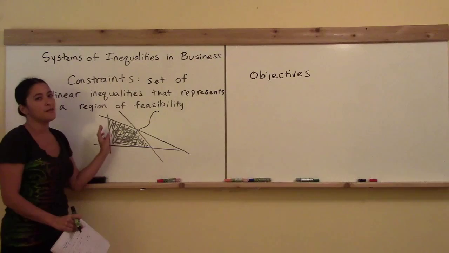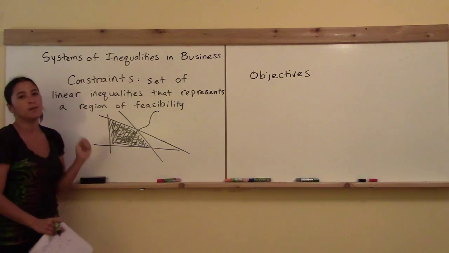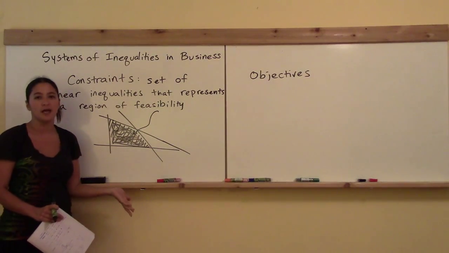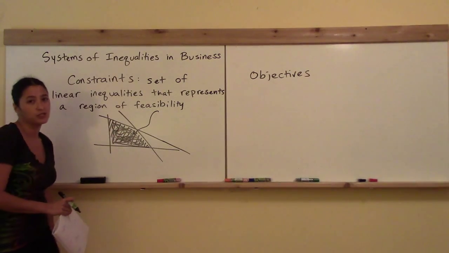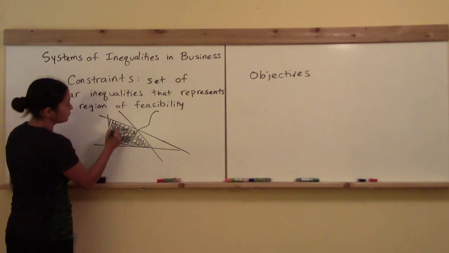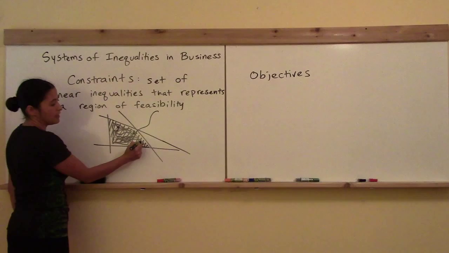So these are the things that I could do in my business given the fact that I'm constrained by how much money I have to spend, how many work hours I have, or other different constraints. These are the possible things I could do. And when I say these are the possible things you could do, I mean like you could have x equal to here and y equal to there, or you could be at this point.